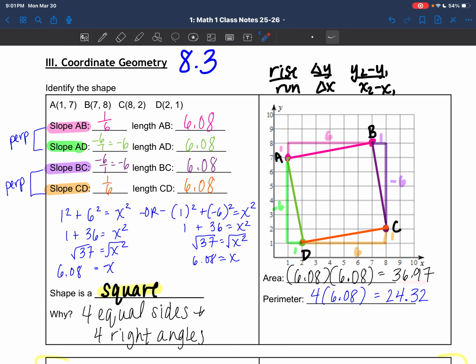Put that into your calculator, you get 36.97. And then for perimeter, if all the lengths are 6.08, you just find the distance around the outside, which is 4 sides times 6.08, and that's 24.32.